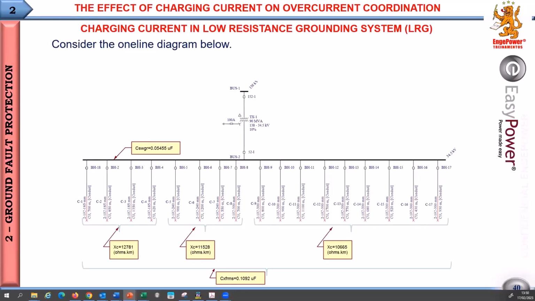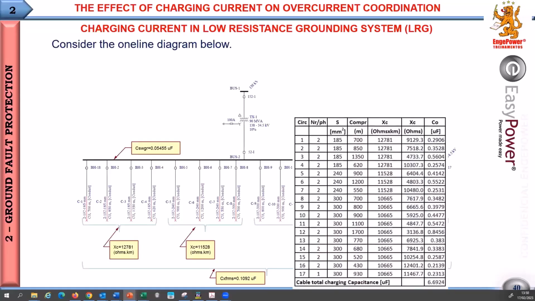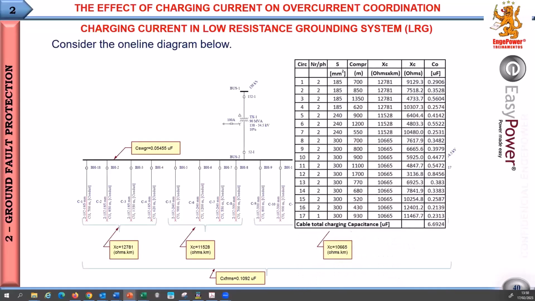How do we calculate the charging current in a system like this? What we do, we can put all the circuits in a spreadsheet.